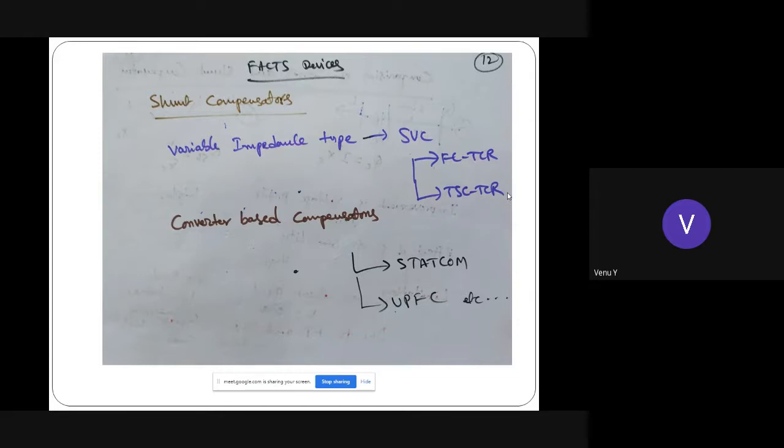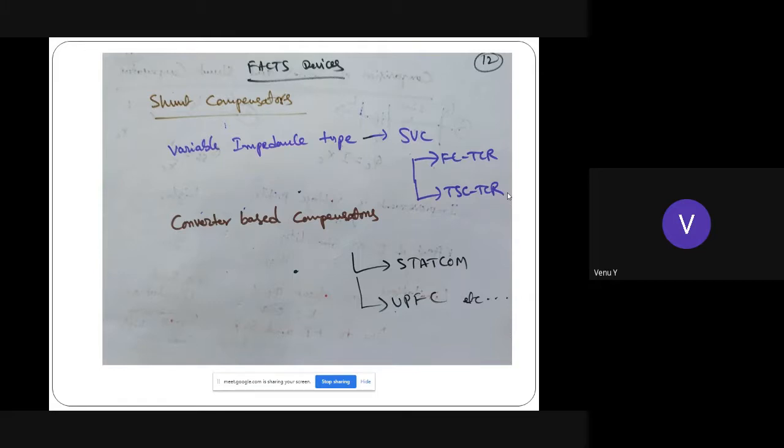Now, recent FACTS devices are converter-based compensators. You are familiar with voltage source converters and current source converters. Mostly, we prefer voltage source converters for power system applications.